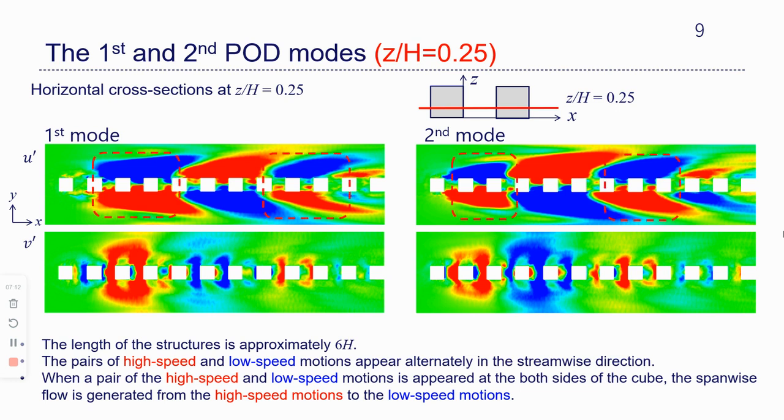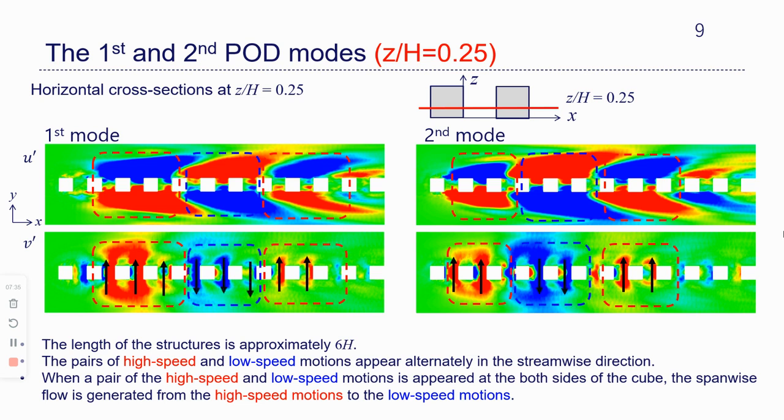Within the area enclosed by the red line here, positive spanwise flow is generated between the cubes. Conversely, within the area enclosed by the blue dotted line, negative spanwise flow is generated between the cubes.